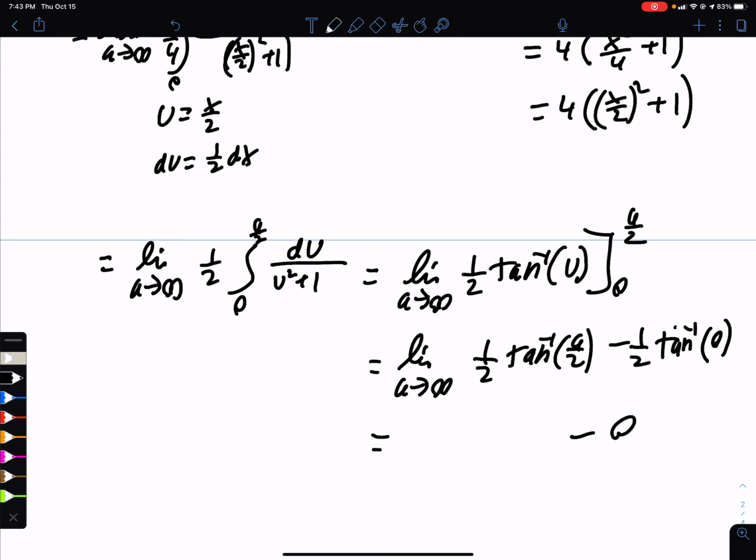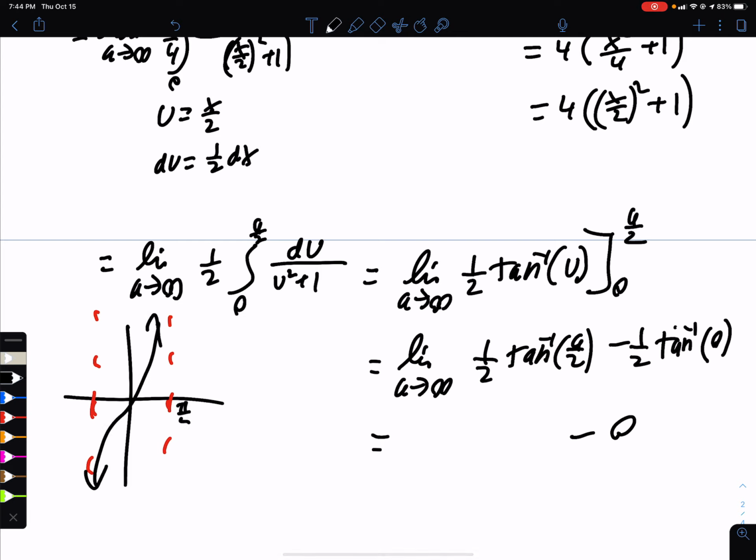Okay, here's where it gets fun. Put infinity. What angle has a tangent of infinity? Golly gee willikers, do you know what your tangent function looks like? Do you know it looks like that? And this is pi over 2 and negative pi over 2.